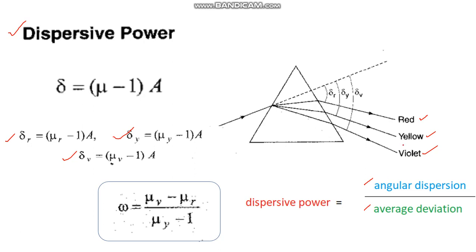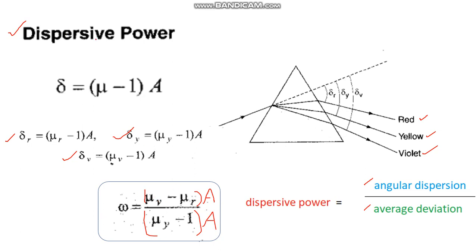So when you take the ratio, when you find out delta V minus delta R, you take the difference of these two, this minus one term gets cancelled and you are left with mu V minus mu R into A. But here when you divide it, this A gets cancelled and only this part is left.